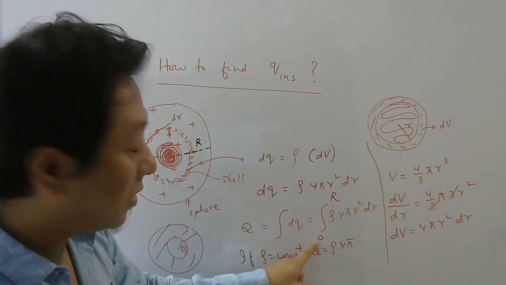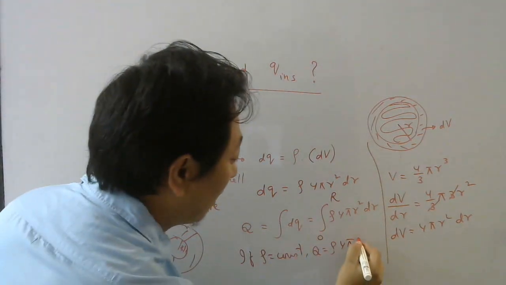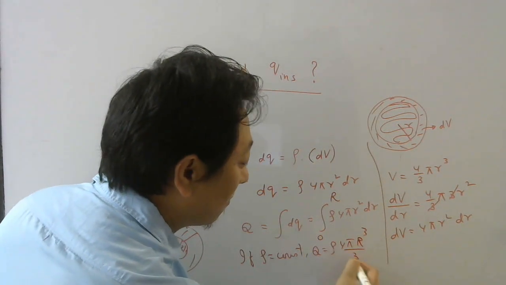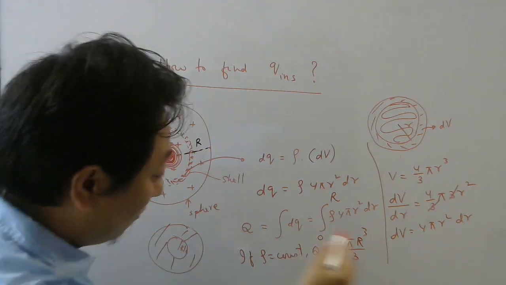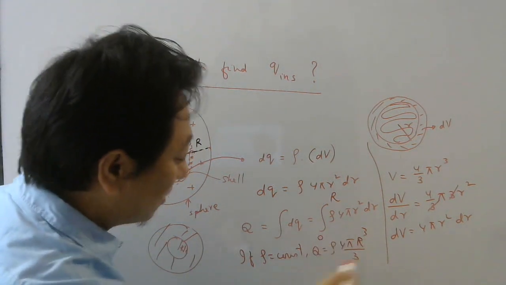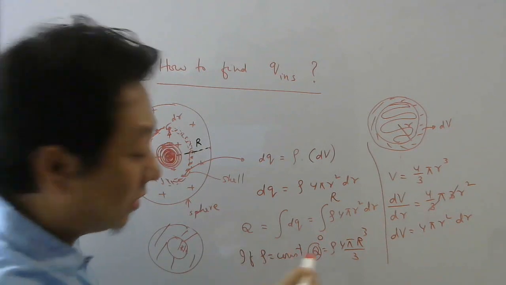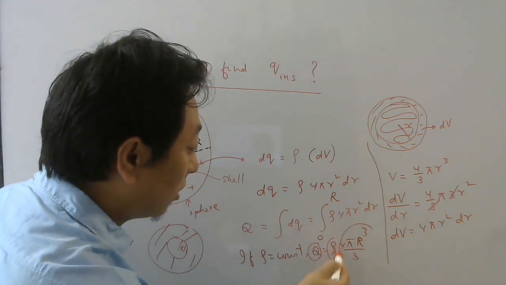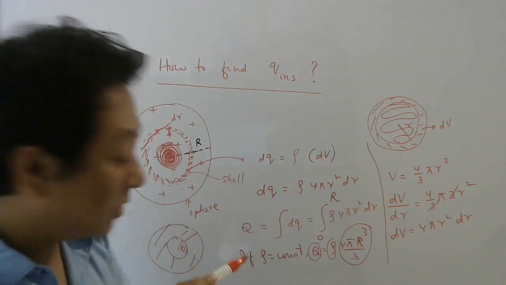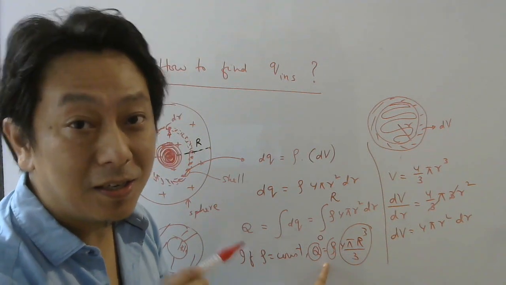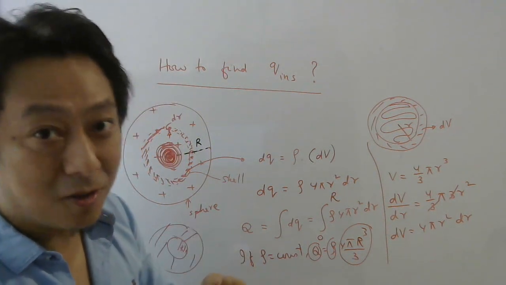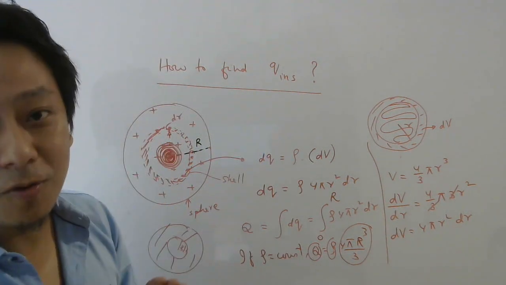When you put the upper limit and then minus the lower limit, you will get R cube by 3, which is actually, if you see properly, this formula says the total charge is density into total volume. But remember, this can only be done if density is constant. If density is not constant, then we have to do it this way.